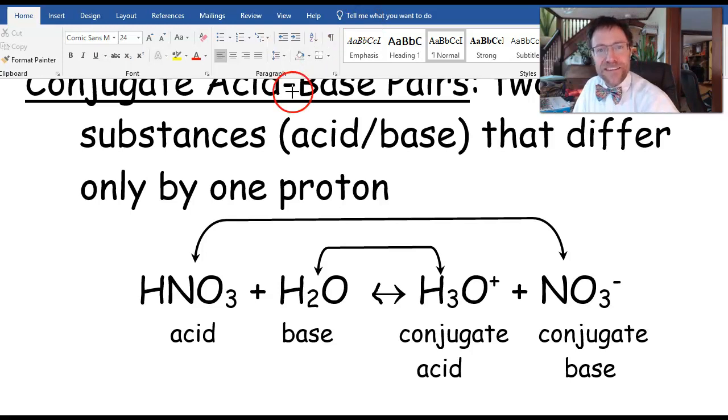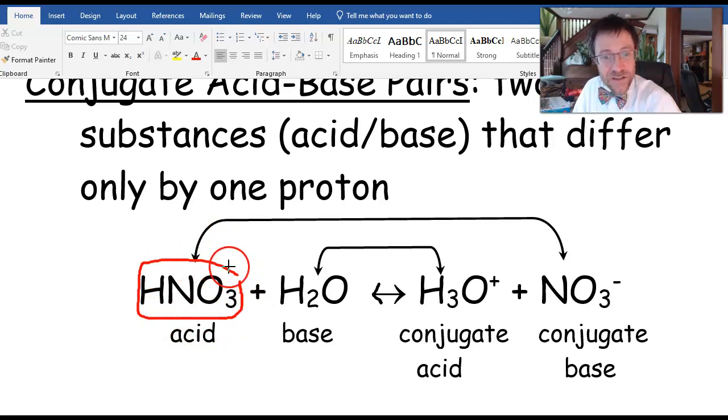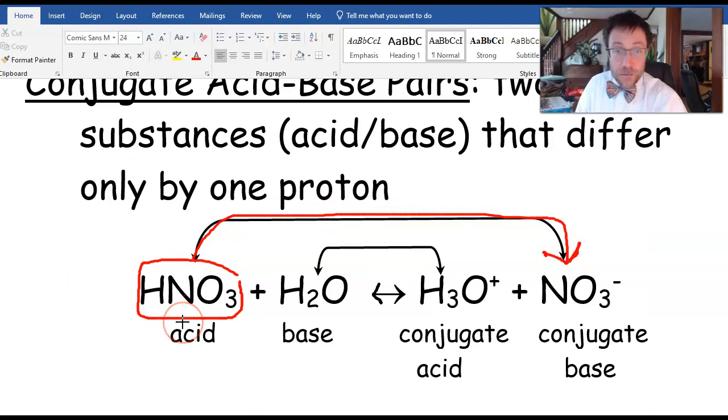Now this HNO3 turns into, on this side, it doesn't turn into the H3O, it turns into this guy over here, the NO3. And in doing so, it loses a hydrogen, so we call this the acid. Now watch, this is why we're going to call this other one the conjugate base.